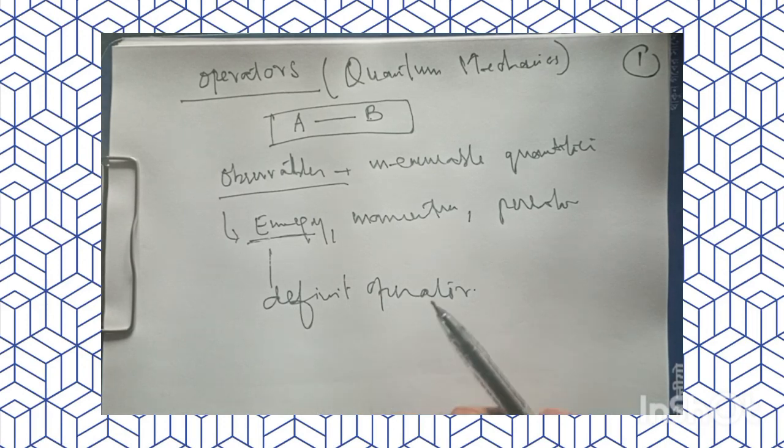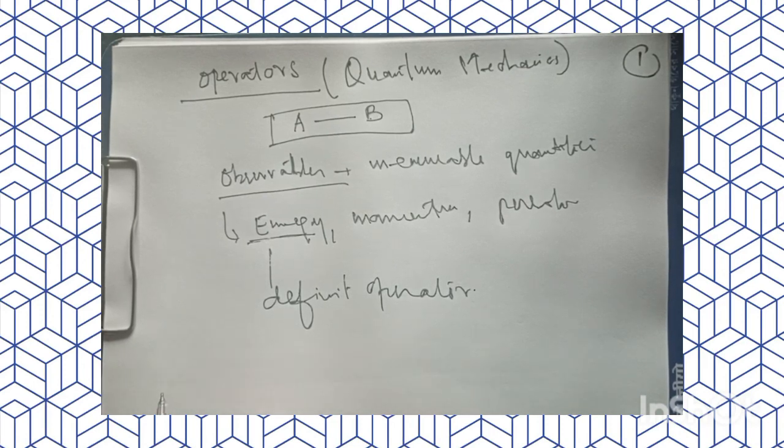If I have momentum as an observable, it has its associated operator, and the same is true for position and the other things that can be measured that act as observables. They definitely have an operator in quantum mechanics.